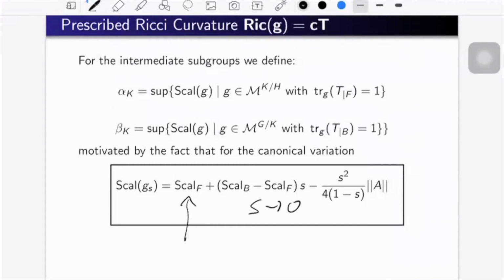So therefore, I simply maximize the scalar curvature of all metrics on the fiber, K mod H. And that's my number that I associate to the subgroup K. For the derivative, I take the difference of the scalar curvature on the base and fiber, so I maximize the scalar curvature of the metrics on the base G mod K. So these are some basic constants associated to every subgroup that lies in between H and G.